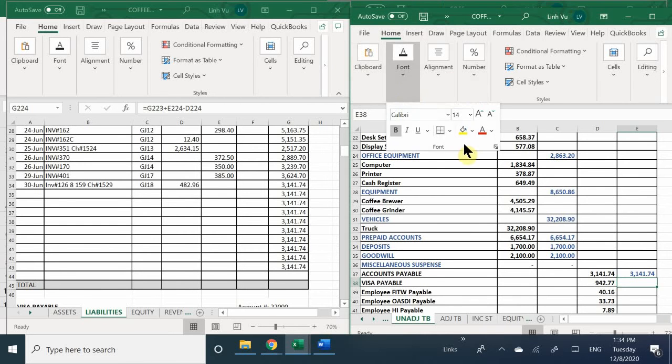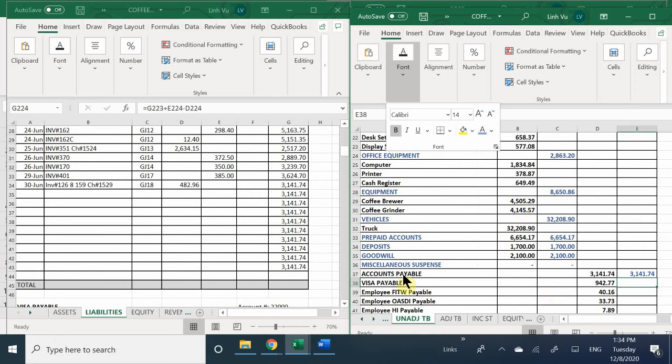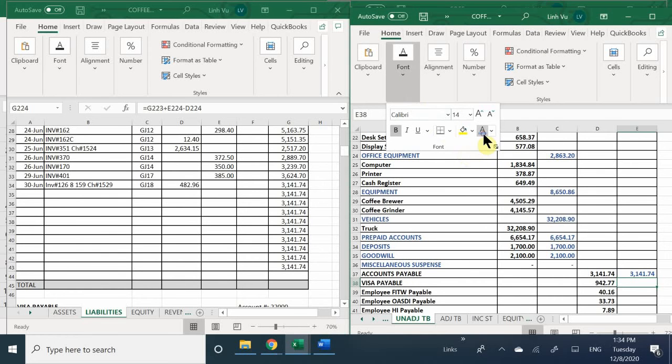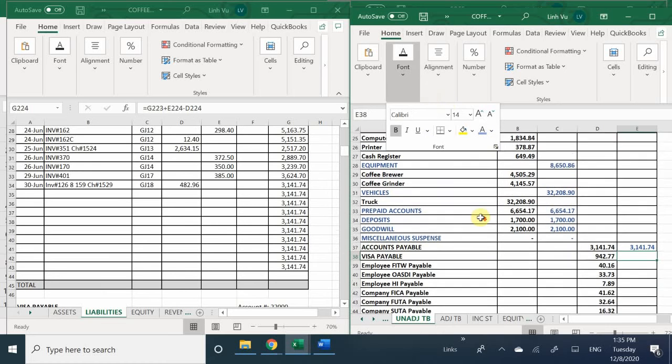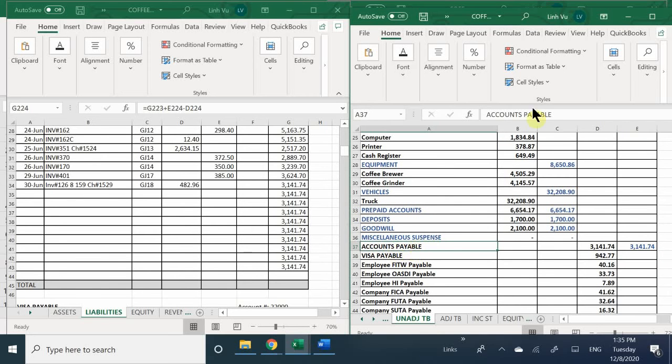So you could just swoop that over. Okay. And now that it's been swooped over, I believe I used this color here. I'm going to highlight my accounts payable that color as well. Oh, I think I went for a darker color. All right, anyways, next one is going to be my Visa payable.